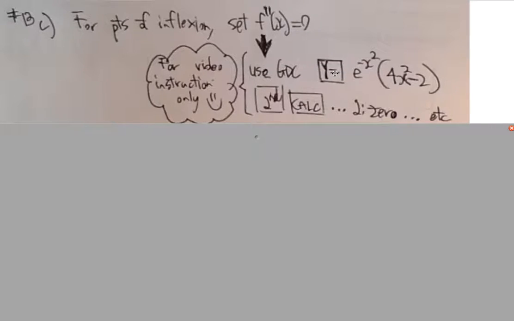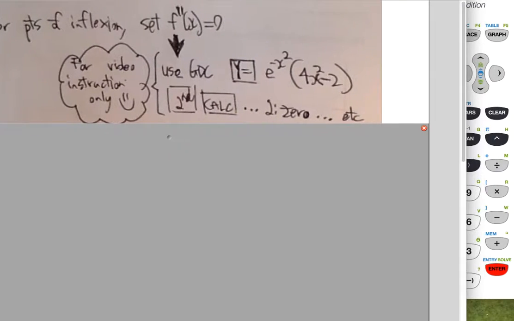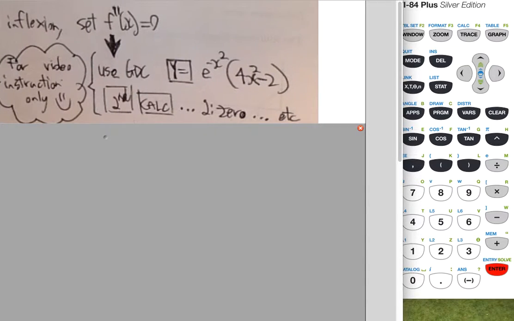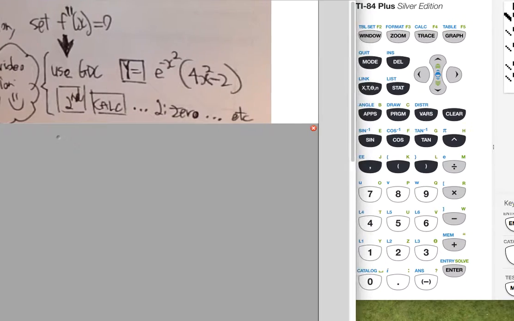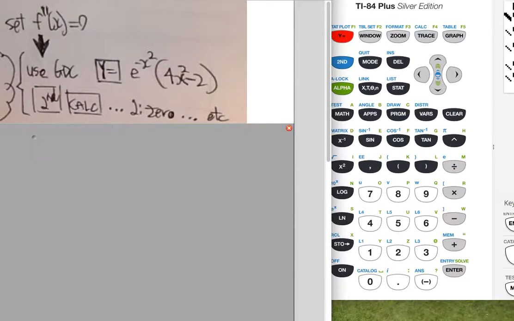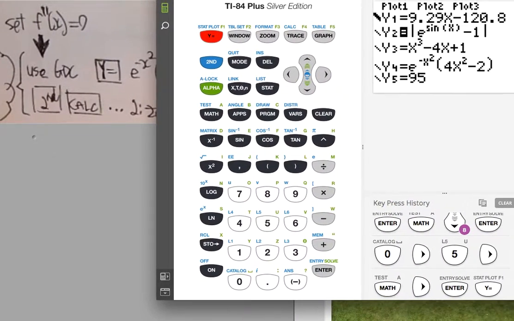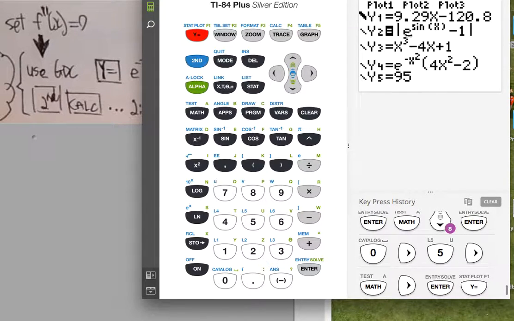You would enter the second derivative function in y equals, and then go to second calc 0. So if you're keen on seeing that, you go to y equals e to the negative x squared times 4x squared minus 2.